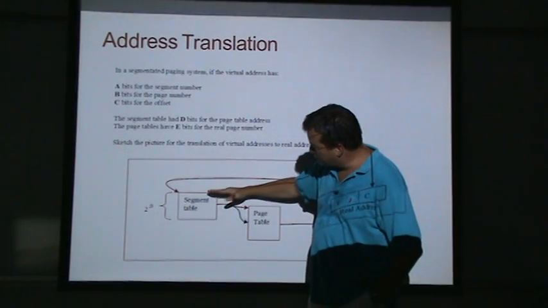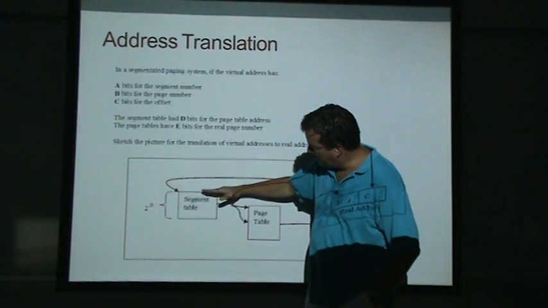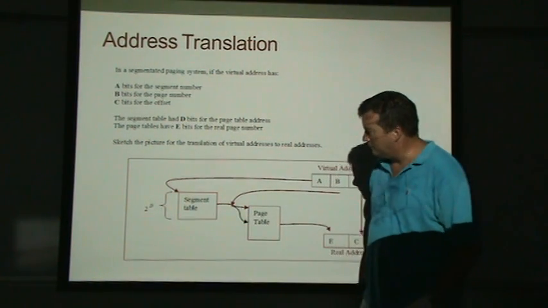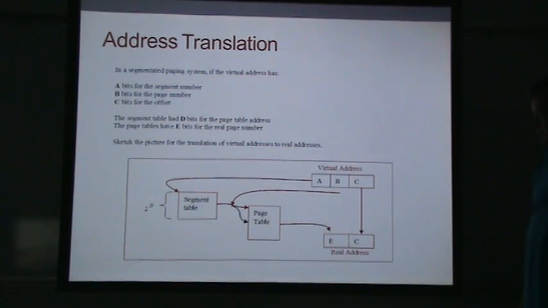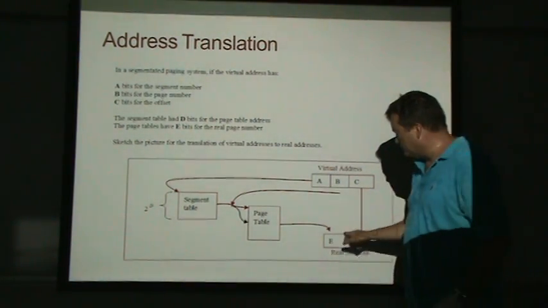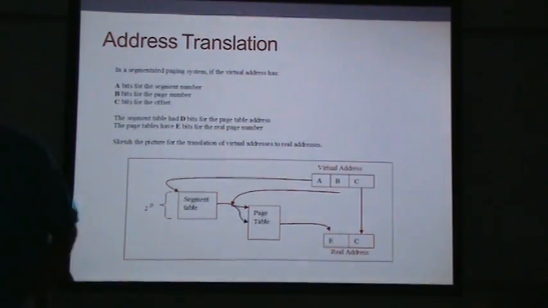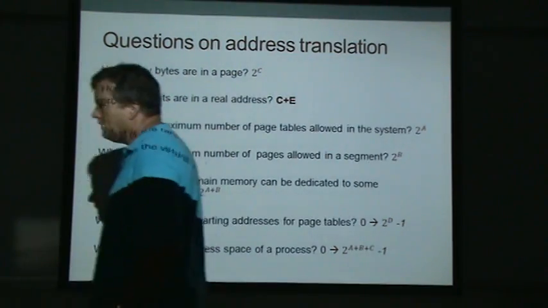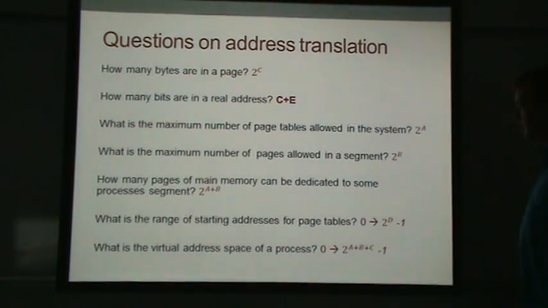The number of entries in the segment table would be 2 to the D, and then the real address page would be E bits. So some of the questions we could ask is, how many bytes are in a page?